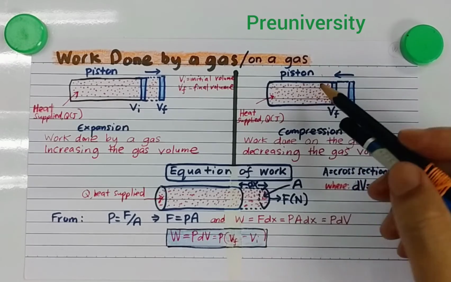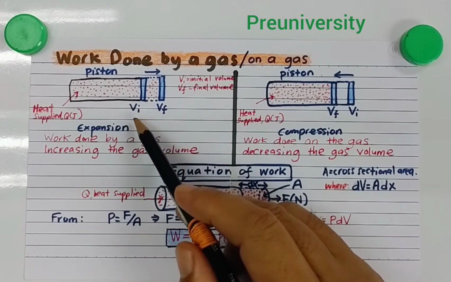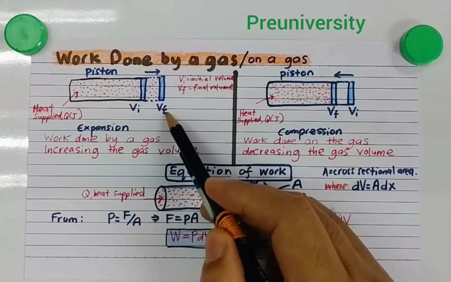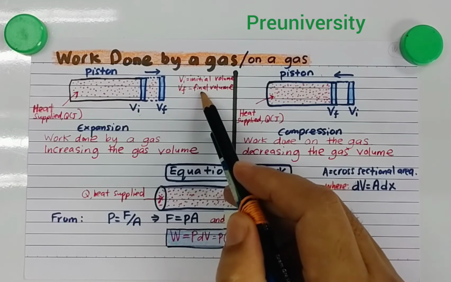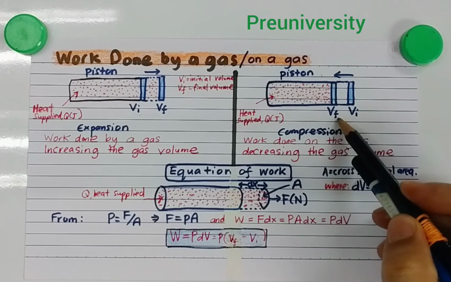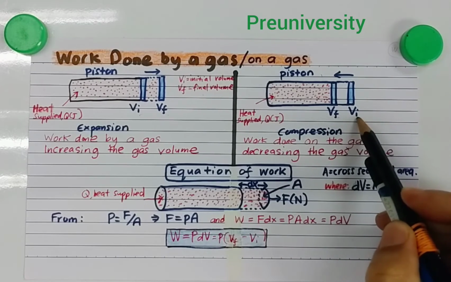We have the VI as the initial volume and of course the VF as the final volume. Same with this diagram, VF is the final volume, VI is the initial volume.